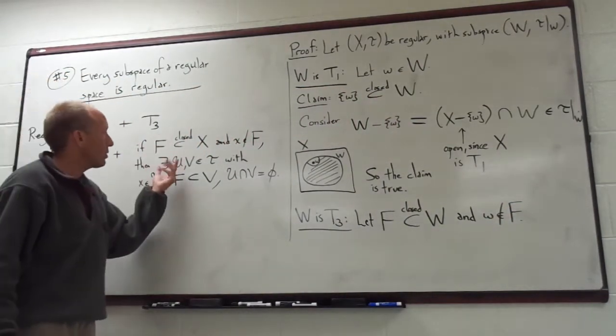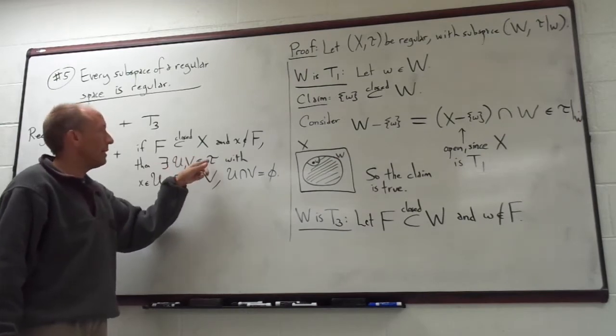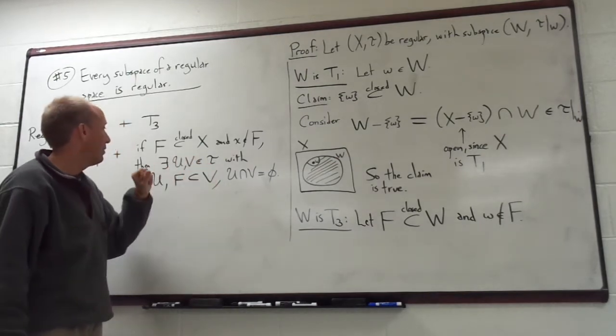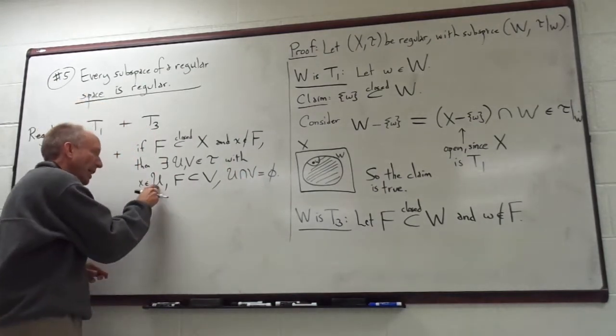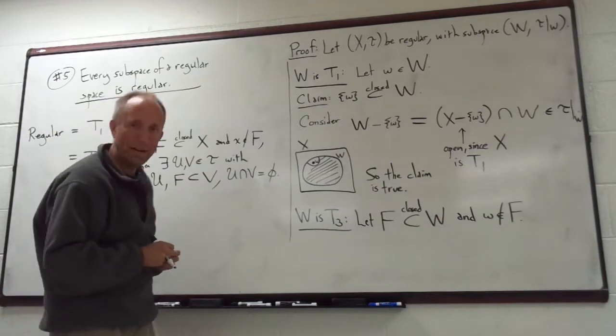And what I have to do is come up with open sets in the subspace topology that have an empty intersection where w is inside of one of them and capital F is inside of the other one.